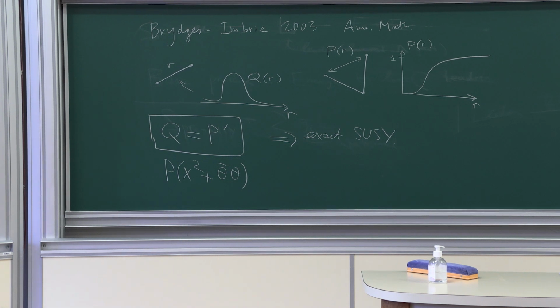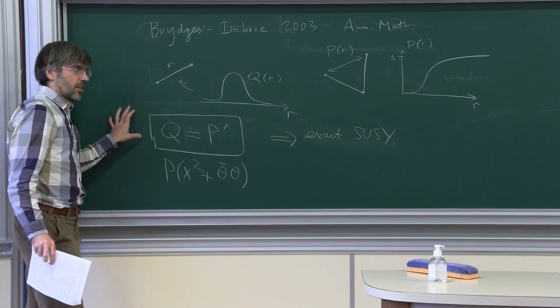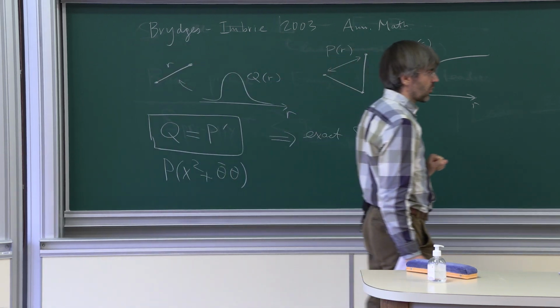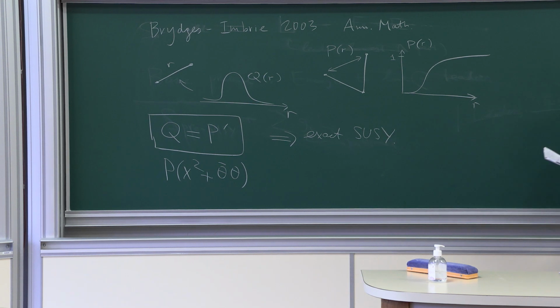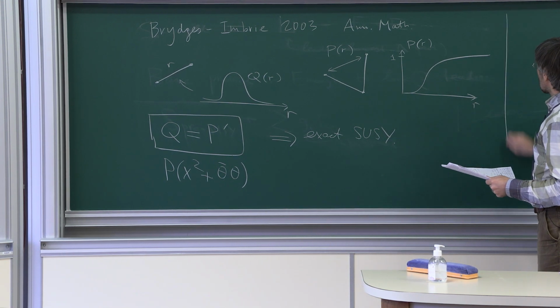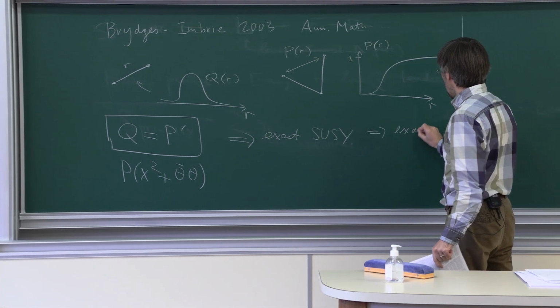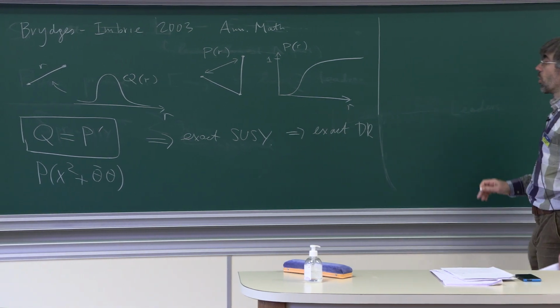And so, because in this particular case there was exact SUSY, they were able to show that the partition function of this particular class of models of branched polymers also has exact dimensional reduction, which should not be surprising. We argued that SUSY implies dimensional reduction. And so exact SUSY, so exact dimensional reduction, and exact dimensional reduction to what?